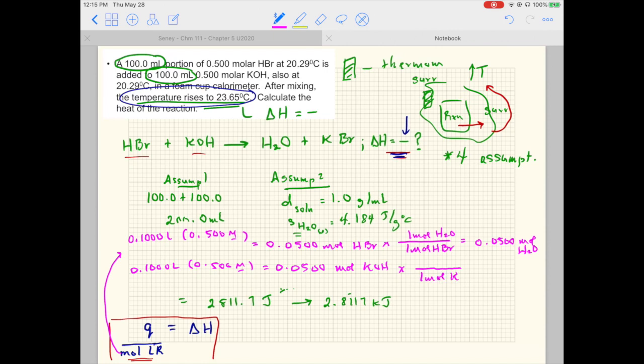For every 1 mole of KOH, we have 1 mole of H2O. And lo and behold, guess what? We have the same amount of H2O. So both KOH and HBr in this specific reaction are limiting reactants. So it doesn't matter which one I choose.